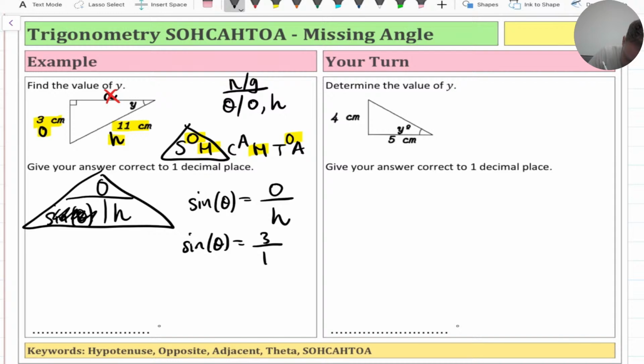So theta is equal to sine to the minus 1 of 3 over 11. I'm going to type that into my calculator.